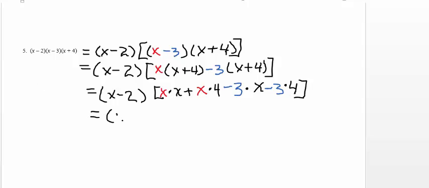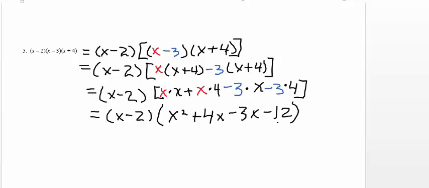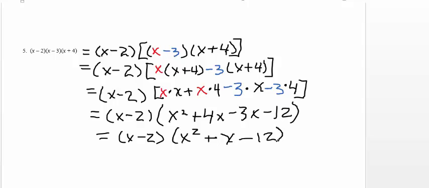So I have x minus 2 times x squared plus 4x minus 3x minus 12. 4x minus 3x is x. So x squared plus x minus 12.